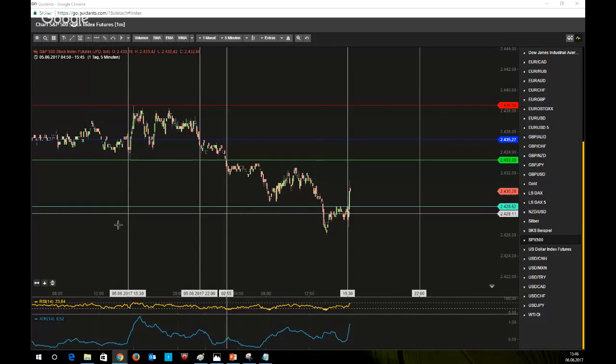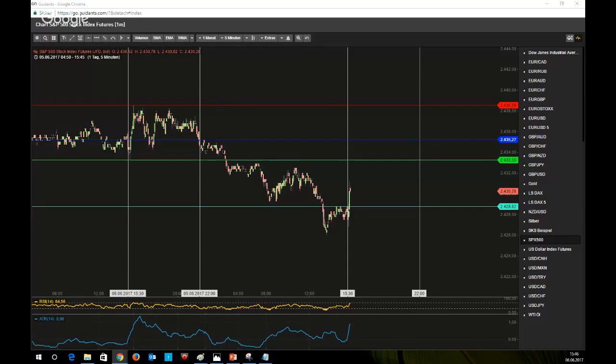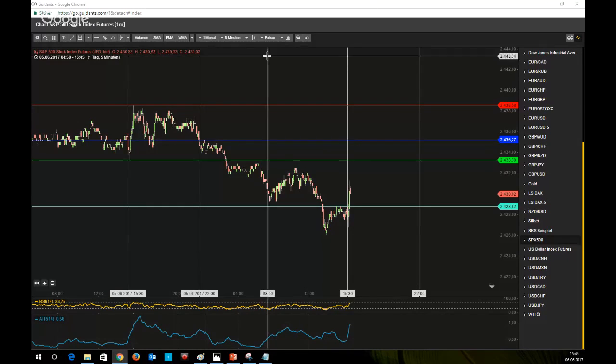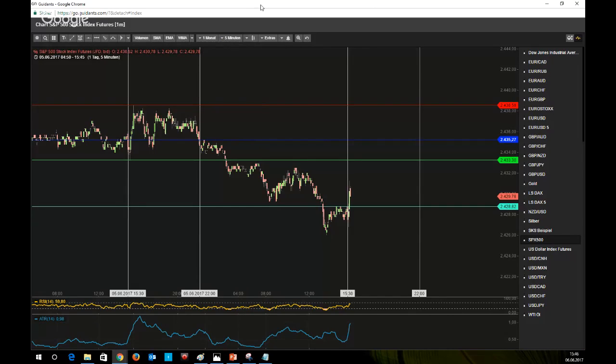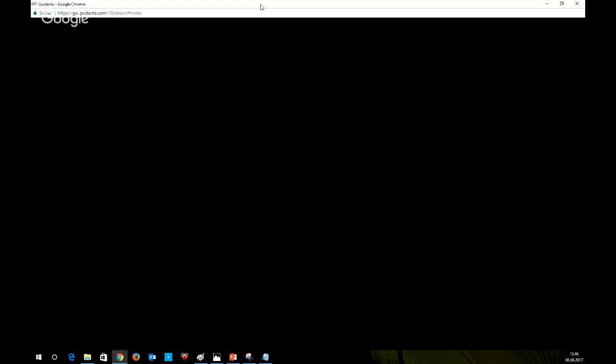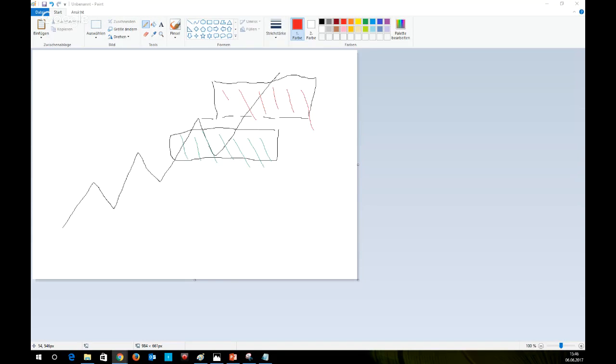I have two screens here. Okay, I don't know if I get this right. I'll just refresh it. Now it doesn't work anymore. Okay, one second, I'll just open the chart again.